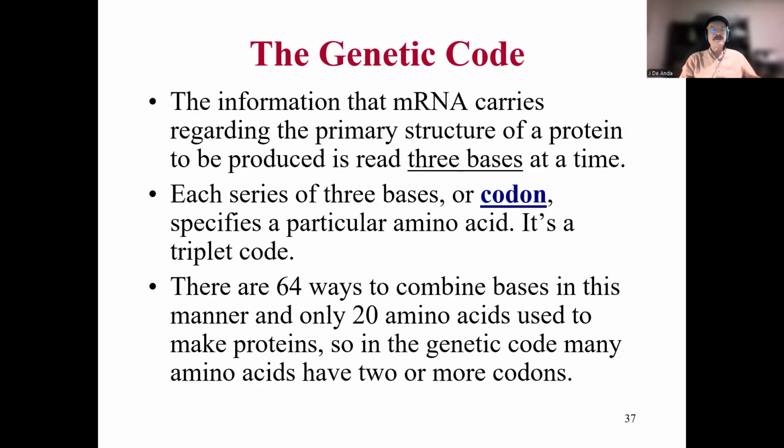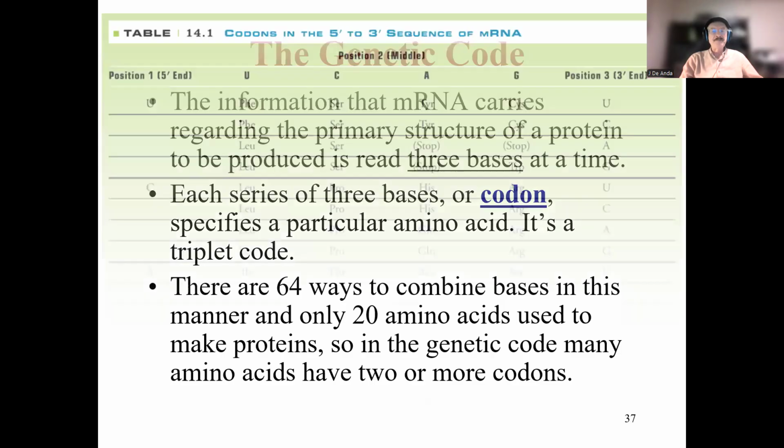There's 64 ways of combining bases in this manner. But remember we said that only 20 amino acids are used to make proteins. So that means that in the genetic code, some amino acids are going to be coded by 2 or more codons. In other words, the genetic code has some repetitions in it.